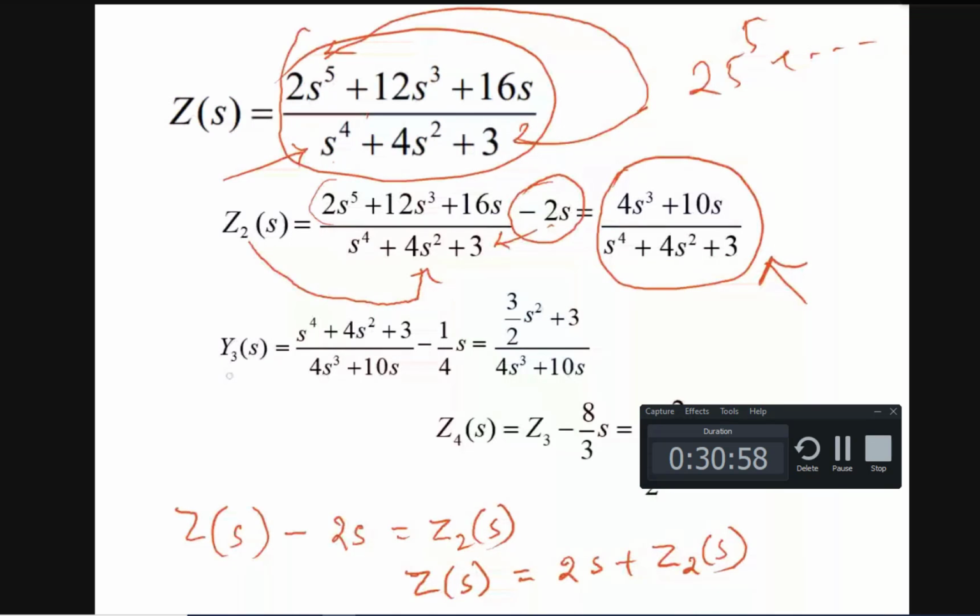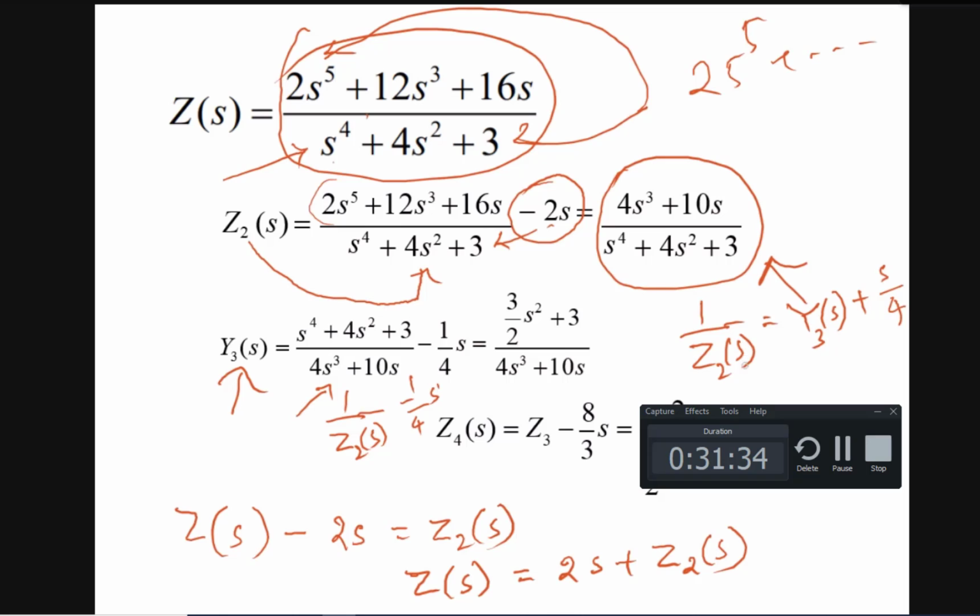Now Y3 of s is actually the inverse of this, 1 by Z2 of s. You can see minus 1 by 4 into s. So Y3 of s is expanded like this. Now 1 by Z2 of s can be written as Y3 of s plus s by 4.